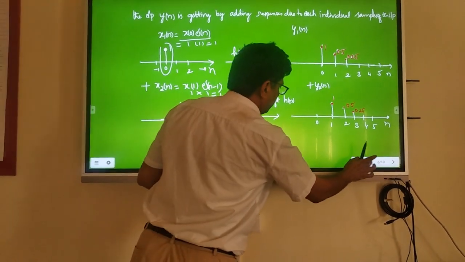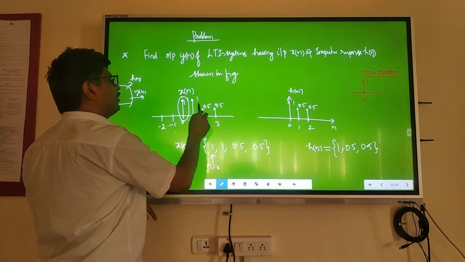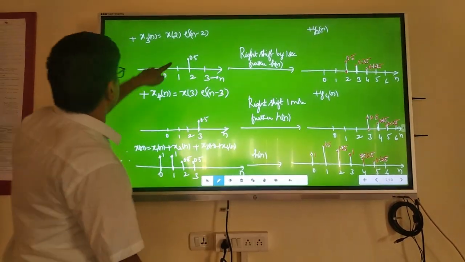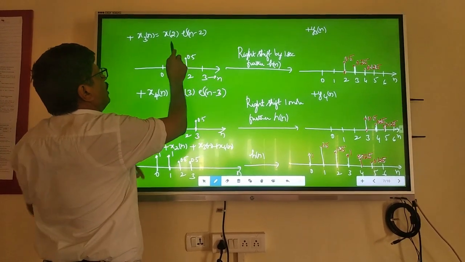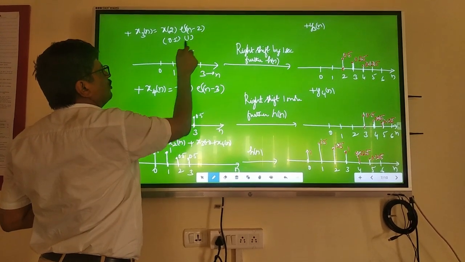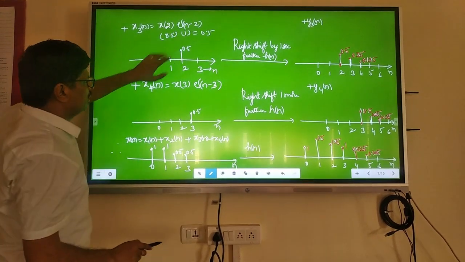Similarly x3 of n is equal to x at 2 into delta of n minus 2. x at 2 is 0.5, into 1, so delta of n minus 2 gives 0.5. That is how we get this individual sample, x3 of n.